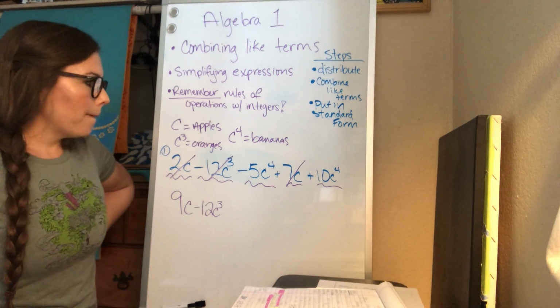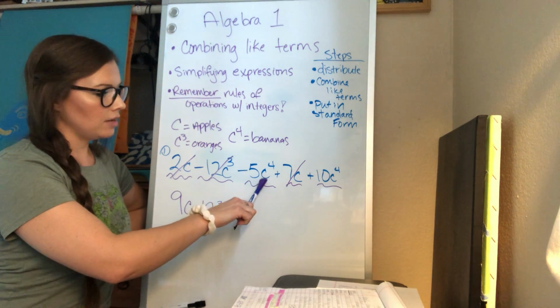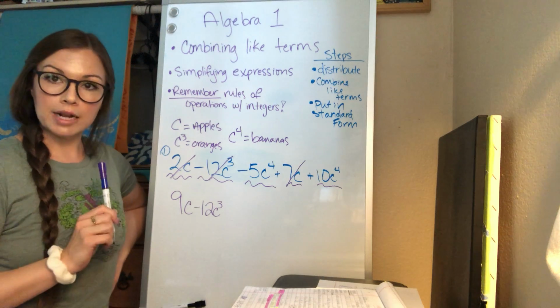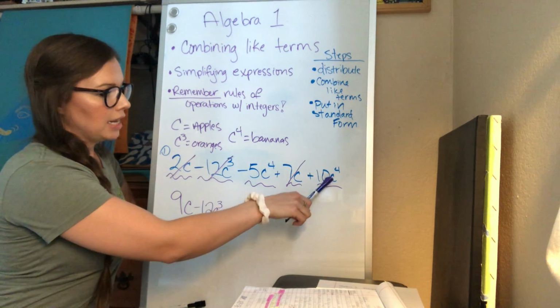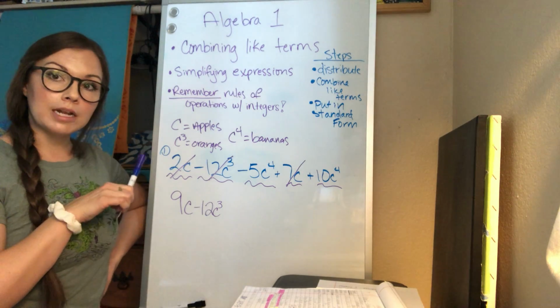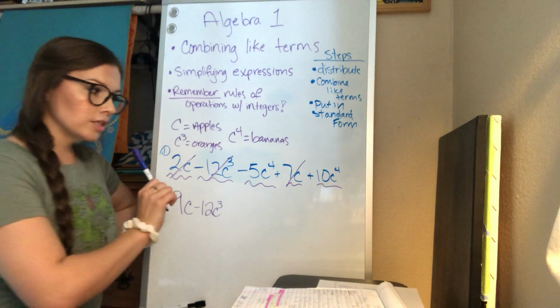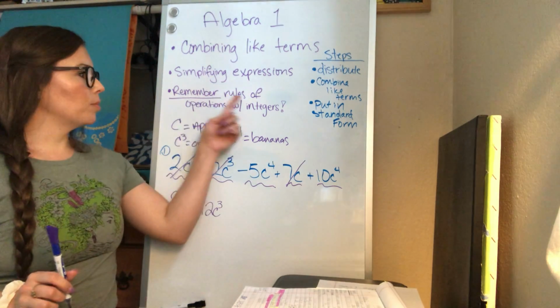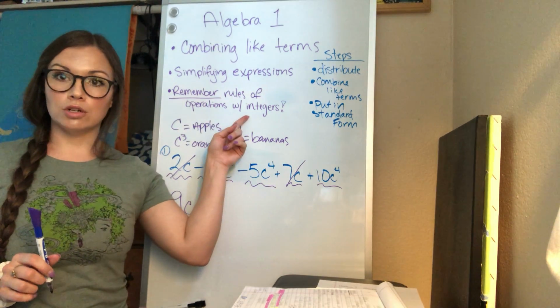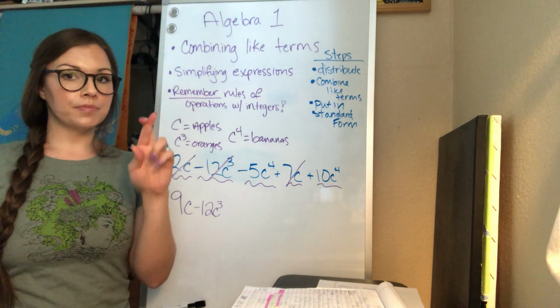Next, I'm going to do bananas, right? So negative 5c to the fourth, or negative 5 bananas, plus 10c to the fourth, or 10 bananas. So I have negative 5 bananas plus 10 bananas. This is one of the things I wanted to remind you to remember: the rules of operations with integers, okay? You all have a sheet in your math folders, hopefully.